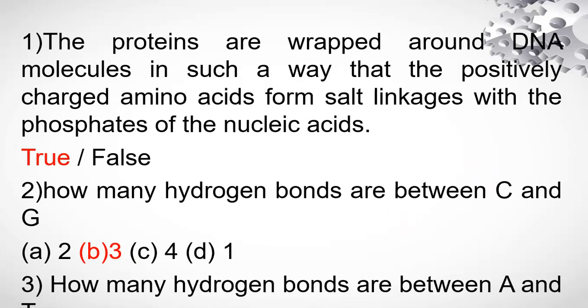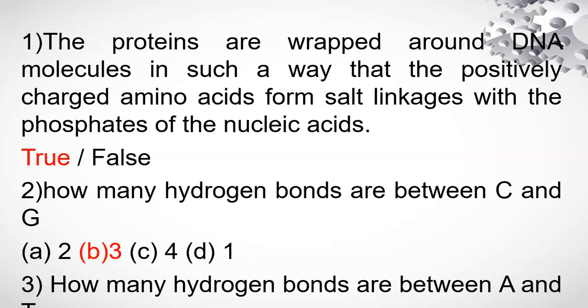Here, the first question is, the proteins are wrapped around the DNA molecules in such a way that the positively charged amino acids form salt linkages with the phosphate of the nucleic acid. True or false? Of course, the answer is true because we know that the DNA is polyanionic and it is highly negatively charged.